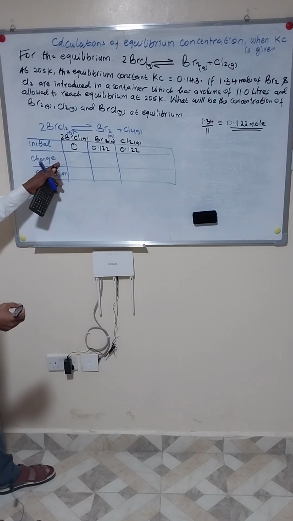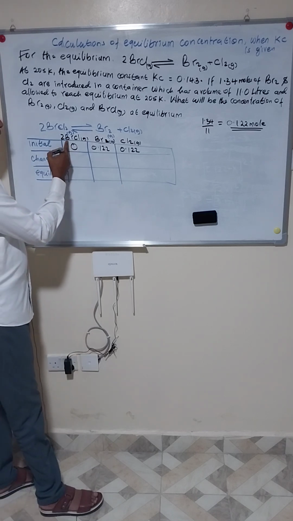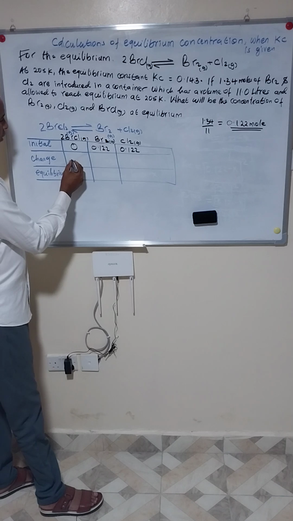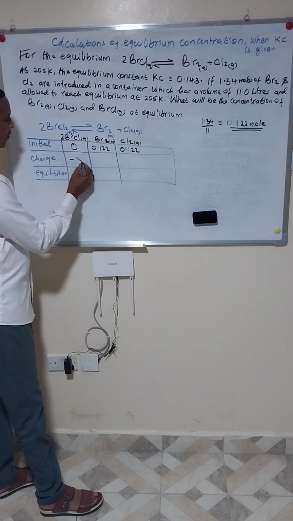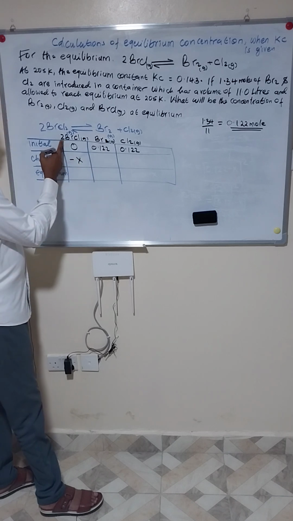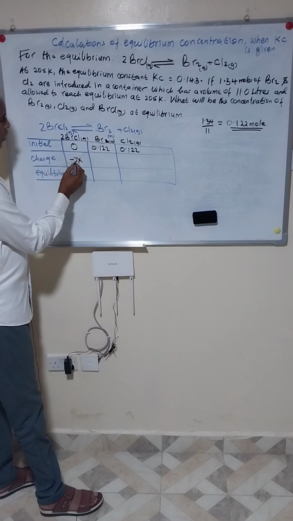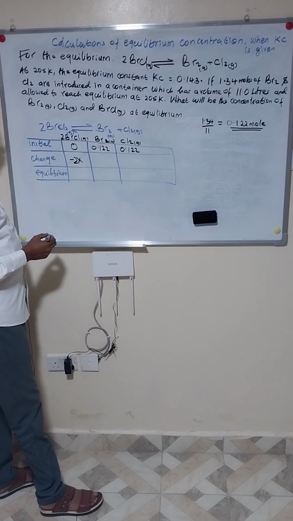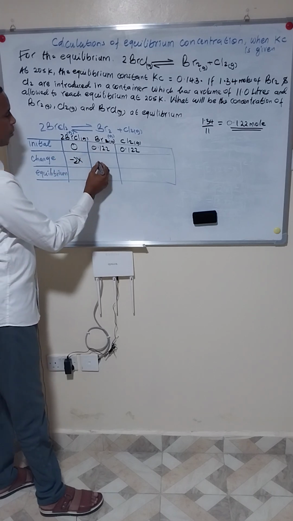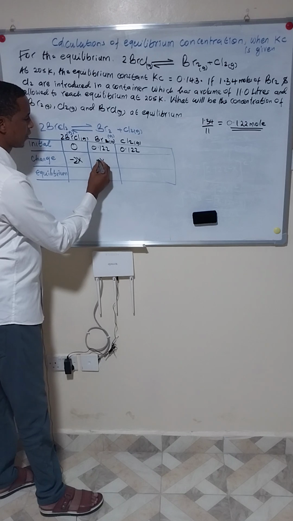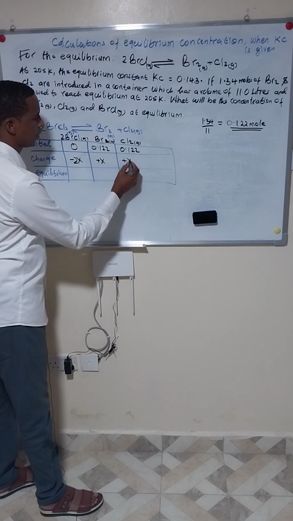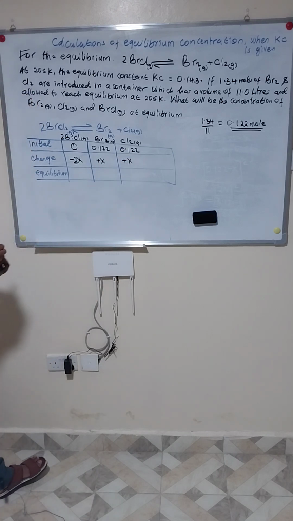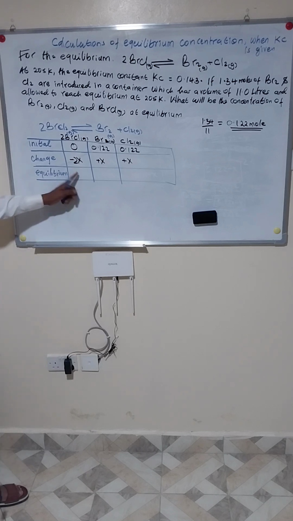So the change will be, since bromochloride is the reactant, we'll have negative x, and it has a coefficient of 2, so that is minus 2x. For bromine, we'll have positive x and chlorine positive x. So we are given now the Kc. To get the equilibrium is easy.